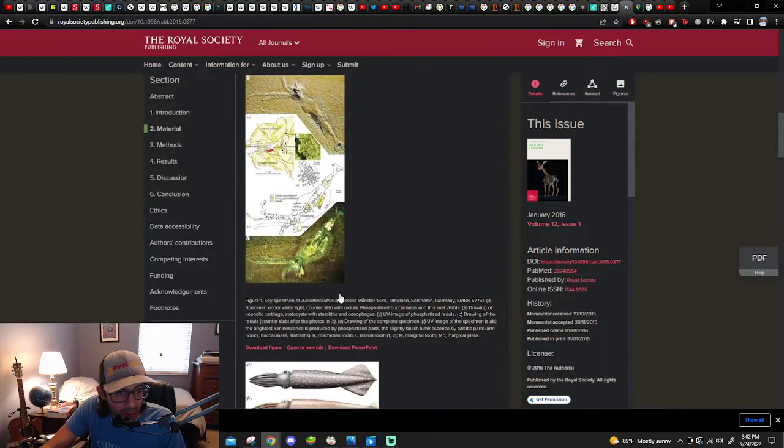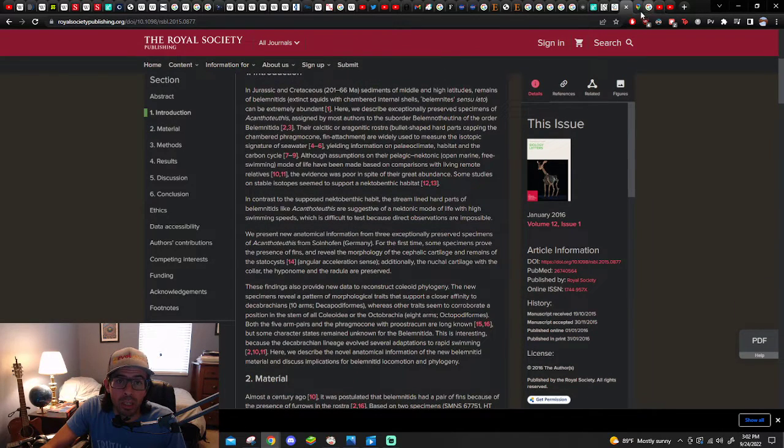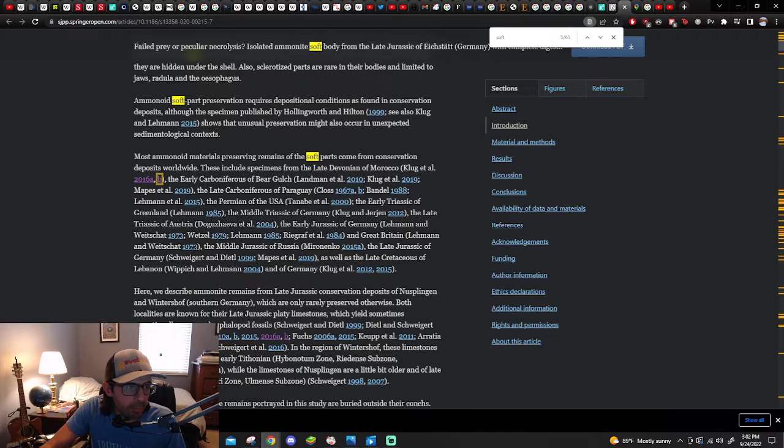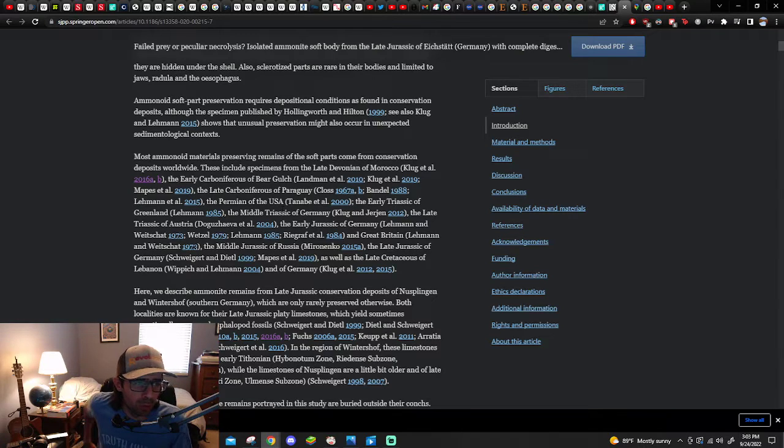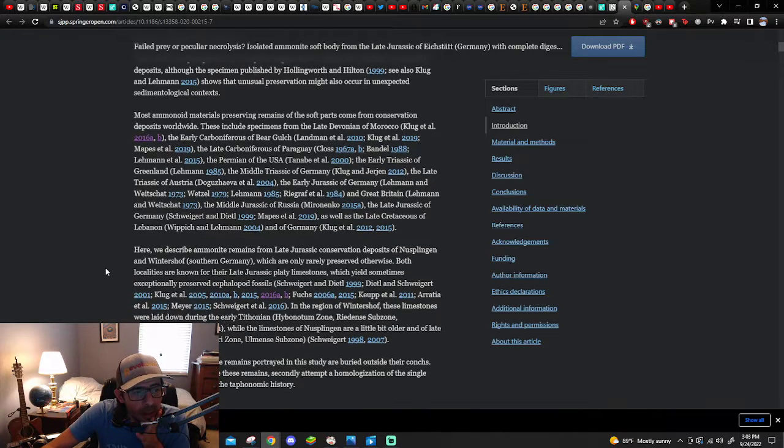It might just be different under white light. UV image. Okay. Ammonoid materials. Jurassic.